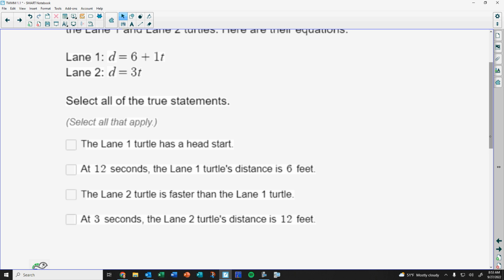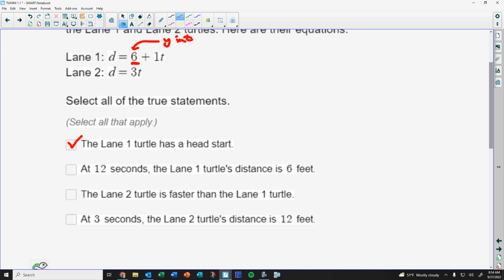Yeah, it starts right here. In an equation, we actually call this the y-intercept. So when the turtle's not moving, that's where it starts. Did anyone check at 12 seconds, lane 1 turtle's distance is 6 feet? No one checked that one?